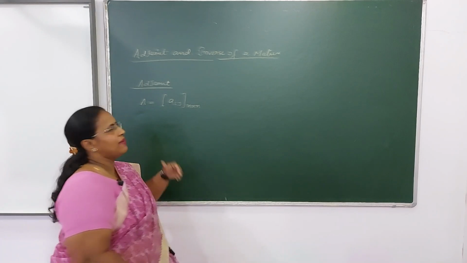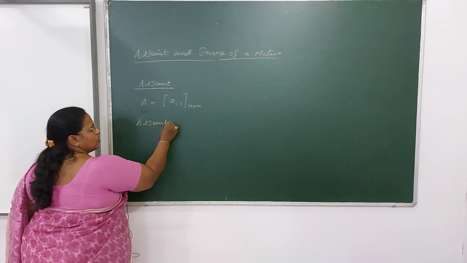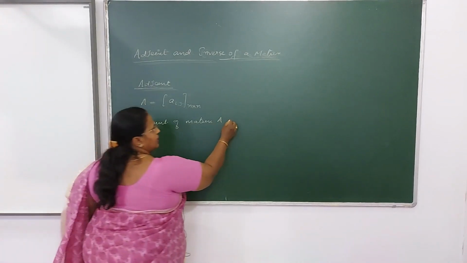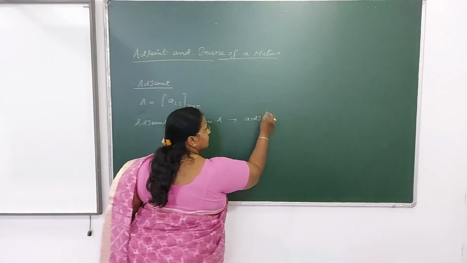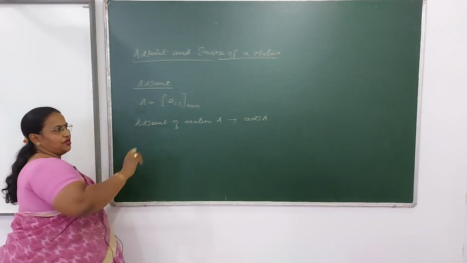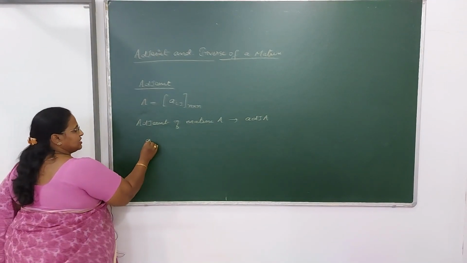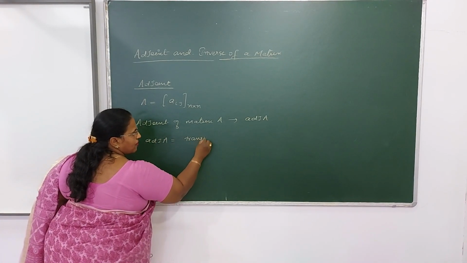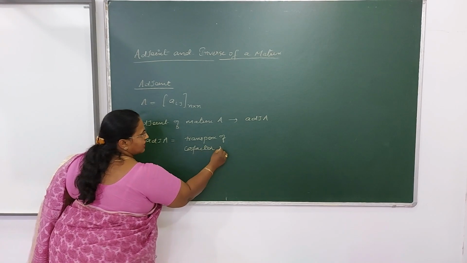So how is the adjoint of a matrix defined? Adjoint of matrix A is denoted by adj A. This is a short form for adjoint of A. What it is defined as is the transpose of the cofactor matrix.